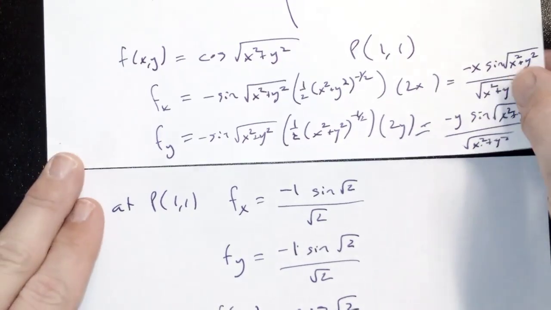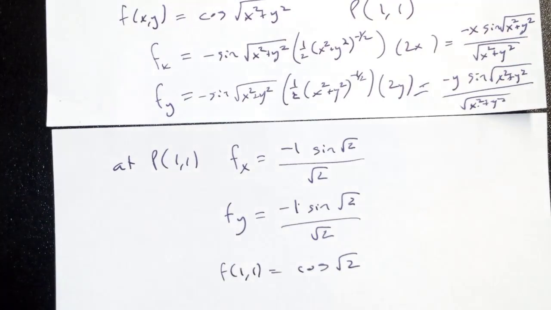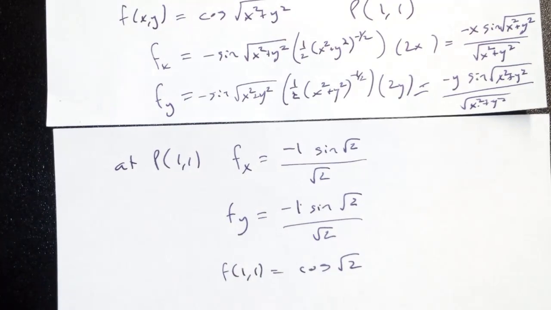But 1 squared plus 1 squared is 2, so I get the square root of 2, cosine of the square root of 2. I don't know what that number is. You're welcome to turn all of this into decimals. That's okay. Z minus cosine root 2 equals minus sine root 2 over root 2 times x minus 1, minus sine root 2 over root 2 times y minus 1.